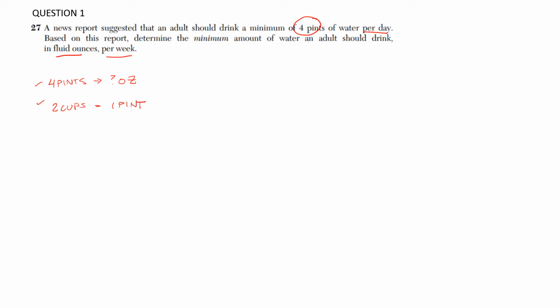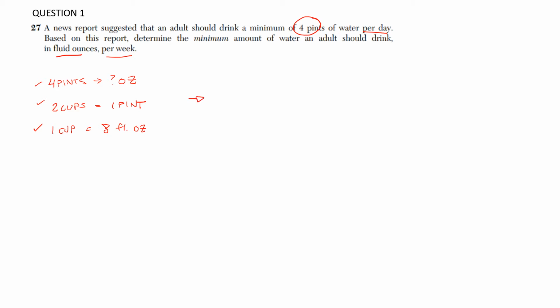And in addition, 1 cup is 8 fluid ounces. So given this, it'll be pretty easy now to go from pints to ounces. So we'll do that first, then we'll deal with the per week after we do this.